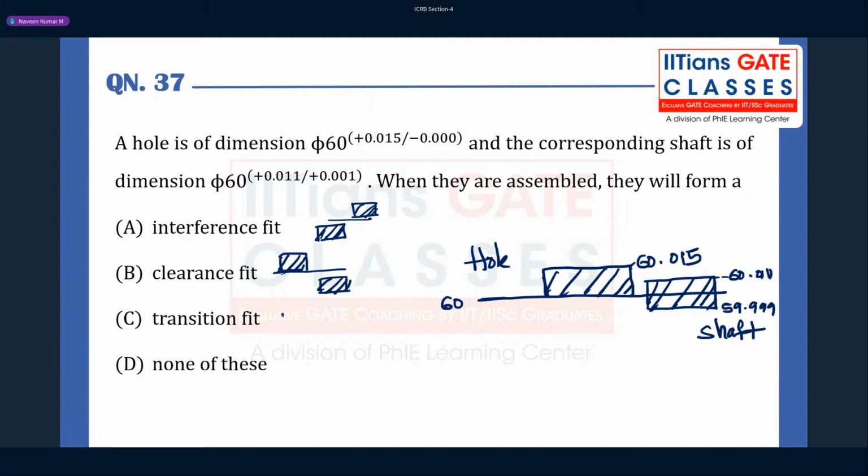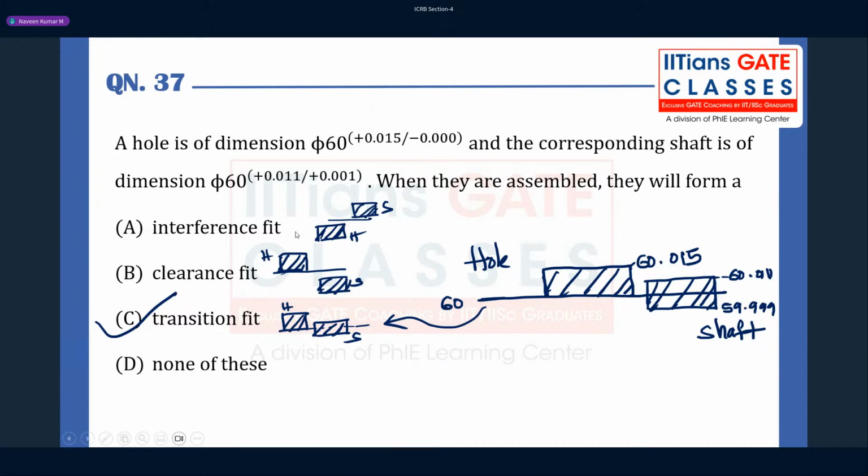And for transition, both are in between, like this, right? This is hole, shaft, hole, shaft, hole, shaft, and this corresponds to this. Answer is transition fit.